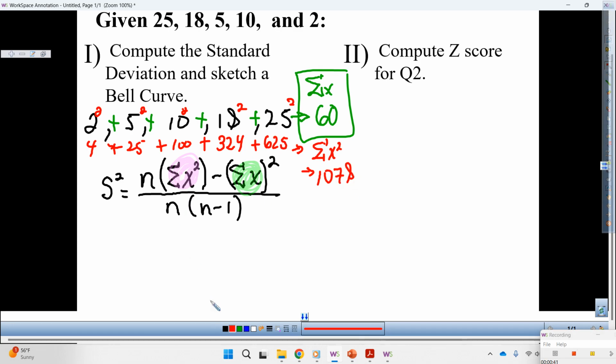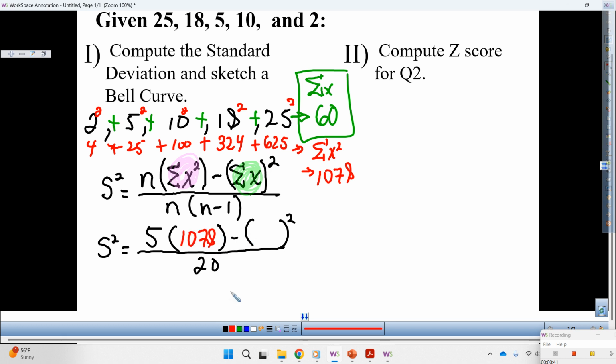All right, so now we just need to get our formula substituted in. So we got our data is 5, so we write N for 5. The denominator is 5 times 5 minus 1, which is 5 times 4, which is 20. So then we got 1078 here, and then our sum is 60.